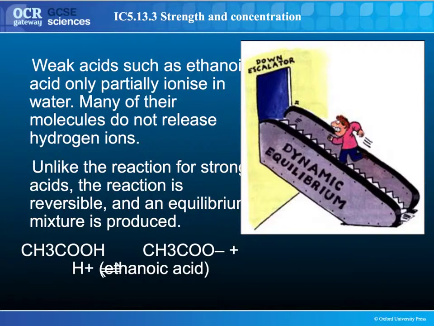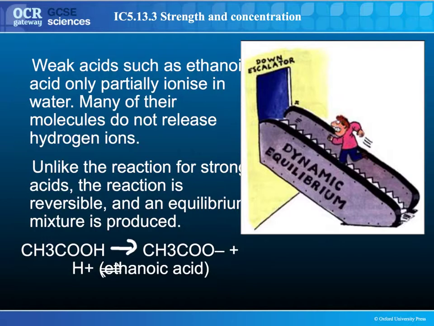This hasn't come through very well, but hopefully we should be able to make some sense of it. What we have is weak acids. With weak acids, we don't get full dissociation. Here, what you have is ethanoic acid, the compound. When ethanoic acid dissolves in water, it splits into hydrogen ions and this negative ion here, the ethanoate ion. It's the amount of these that determines how strong that acid is.